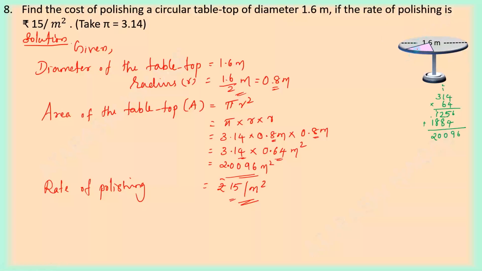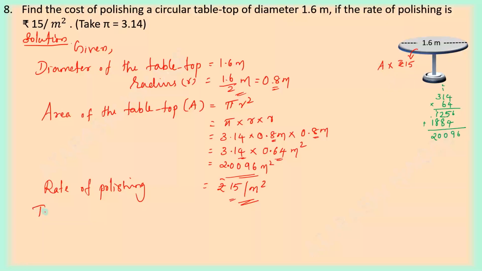Suppose this is the area for which the cost is rupees 15. Then how to get the total cost? That is, we have to get the cost for this total area. For getting the total cost, we have to multiply area with 15.